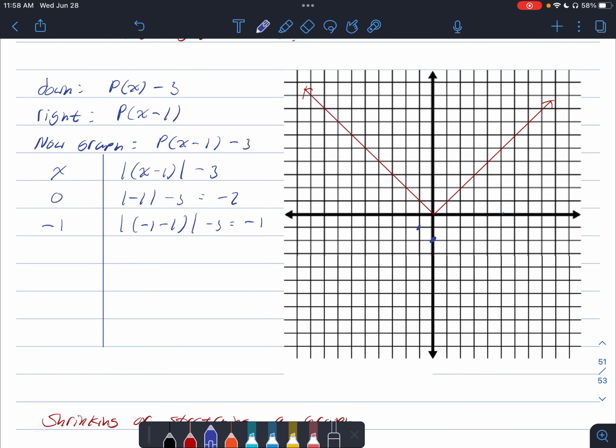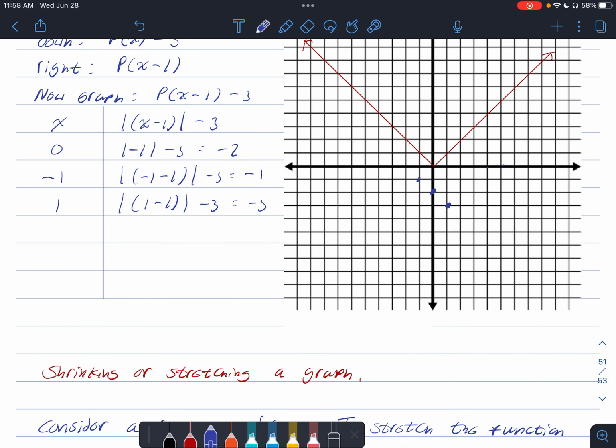Okay, let's try maybe the point 1. So if we have 1 minus 1 minus 3, we'll get the absolute value of 0 minus 3, which will just give us -3. So the point 1, -3 will be one of our points.